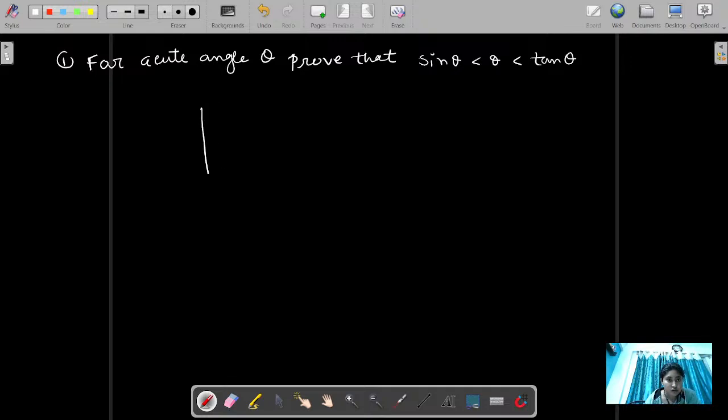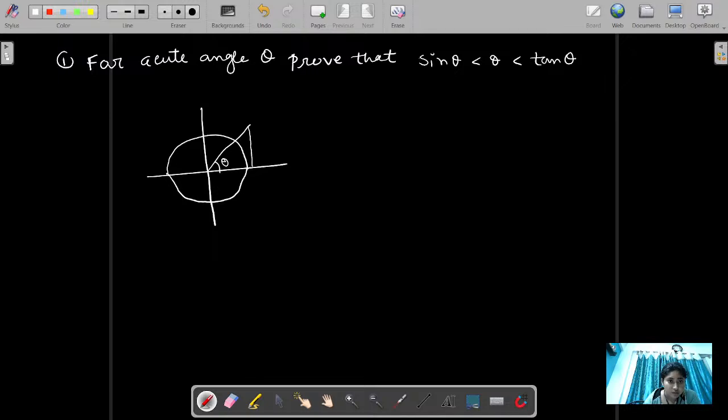First of all, to solve this, I need to draw a unit circle. Suppose this is a unit circle, and this is my acute angle theta.